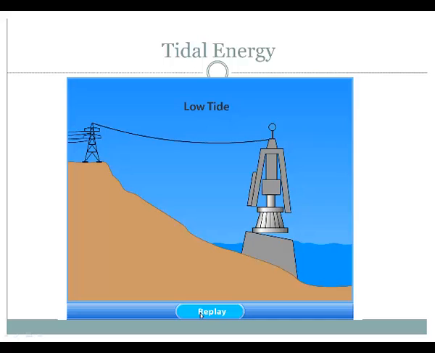So we're going to have to find some different solutions to some of the problems that are faced with these tidal energy facilities, and how the geography around areas will actually affect creating these types of things.